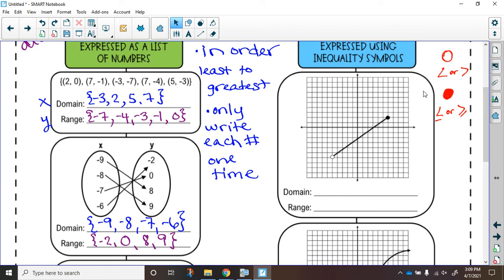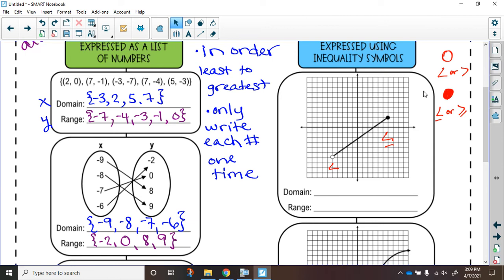So let's go ahead and look at our first graph. We have a line. I see an open circle. I see a closed circle. So an open circle is going to be less than, closed circle, less than or equal to. So I'm going to start at my smallest value, which is at the open circle.